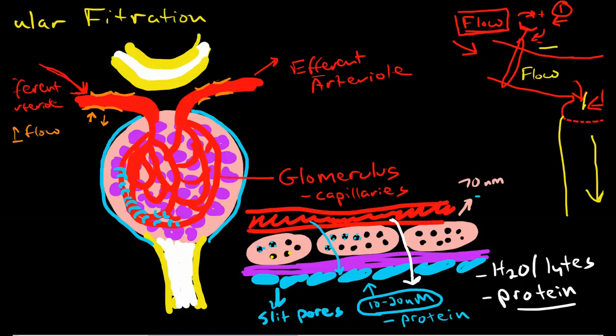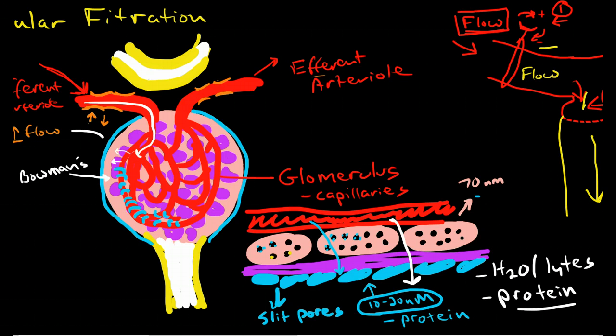So what we have is blood flowing in through the afferent arteriole into the glomerular capillaries, and then some of it is filtered out into Bowman's capsule. This is called Bowman's capsule, and that is called the filtrate.